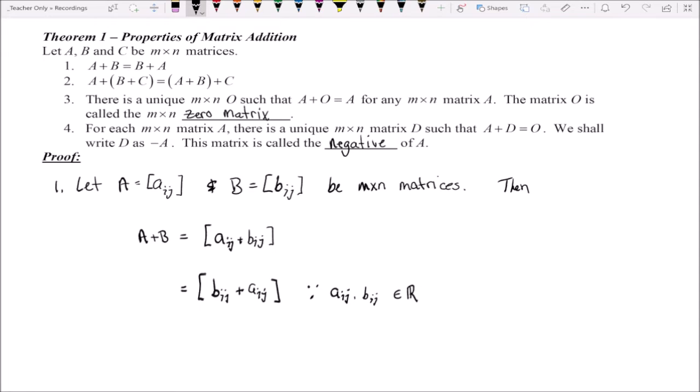And we know that addition of real numbers is commutative. But this is, by definition, matrix B plus matrix A, and so that completes the proof of the first property.